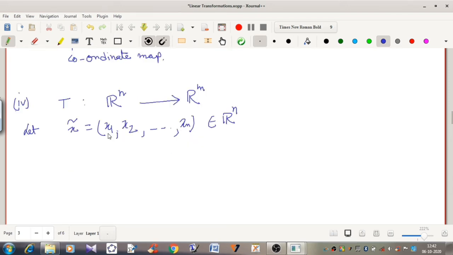Obviously since T is a map from the vector space Rn to Rm, T of x tilde is an m-tuple and each of them is a map from the vector space Rn to R. So obviously we can write T of x tilde as an m-tuple where each one is itself a map.